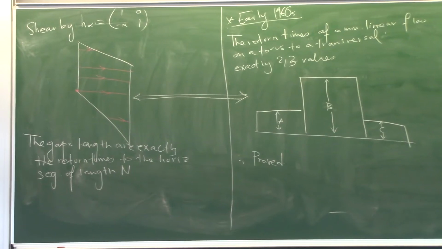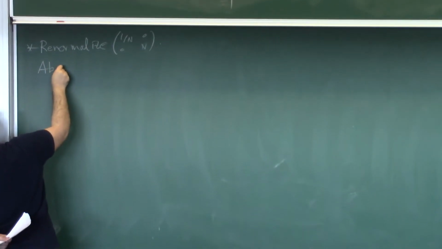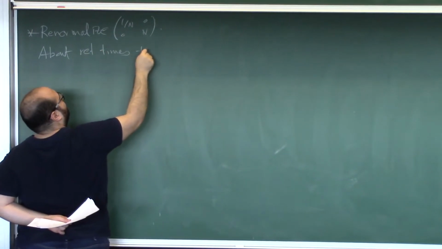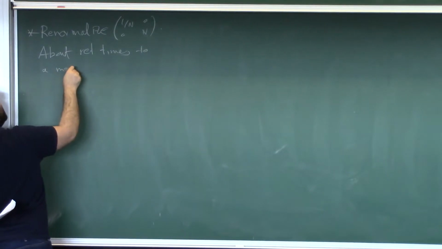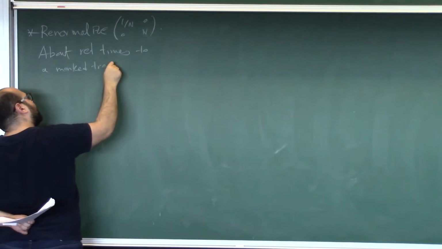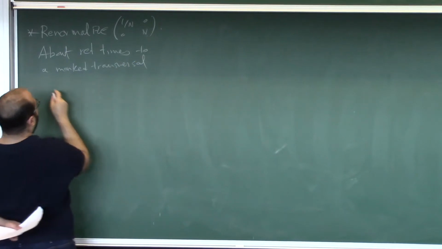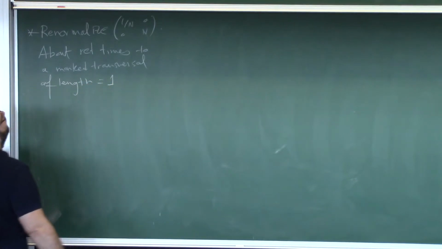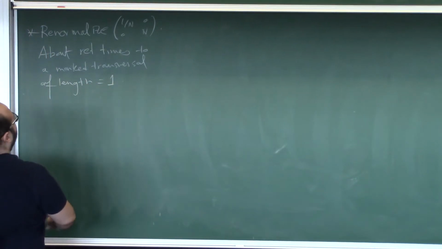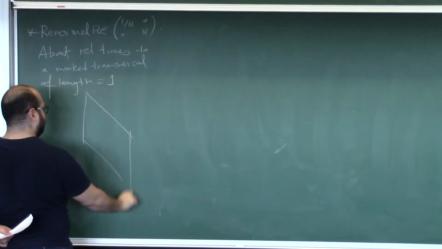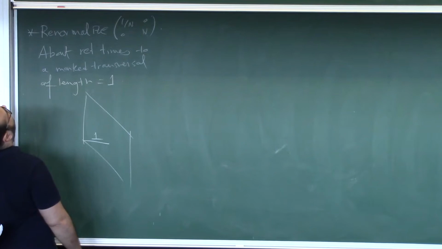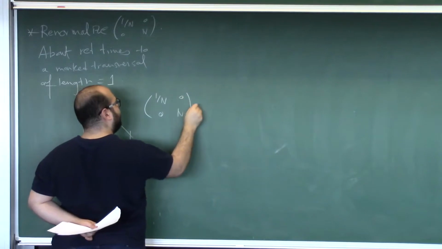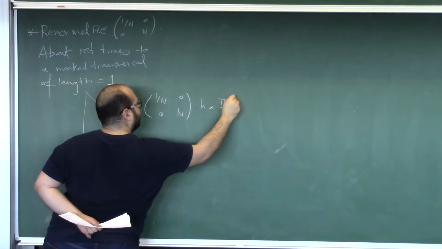And that statement of the Three Gap Theorem becomes a statement about return times to a marked transversal of length 1. So that red line will just become a horizontal line of length 1 in the torus with lattice (1 per n, 0), (0, n), h of alpha t squared.